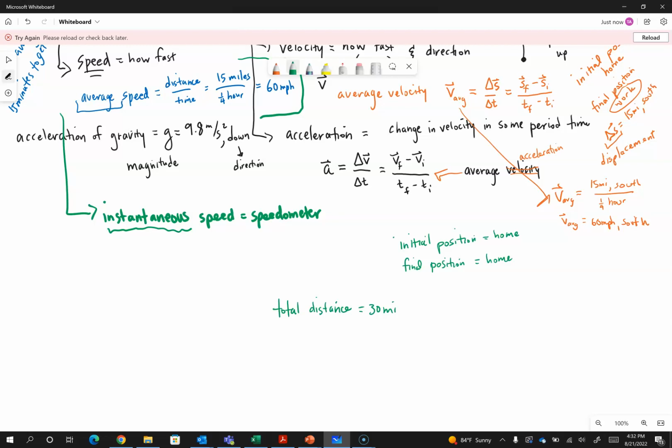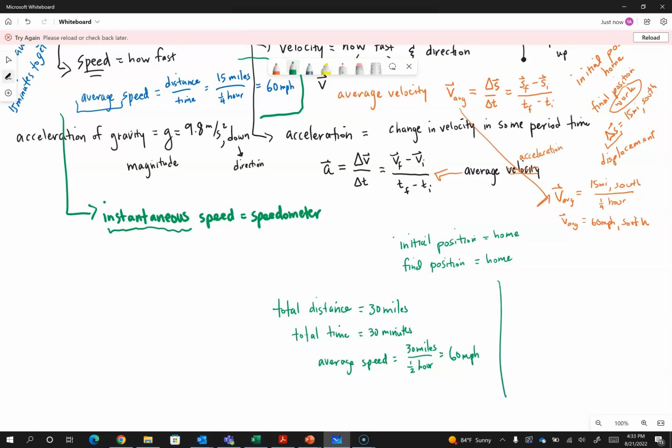If we're only accounting for the time that I was driving, the total time would have been 30 minutes. And so my average speed would still be the 30 miles in half an hour, that still gives me the same 60 miles per hour.